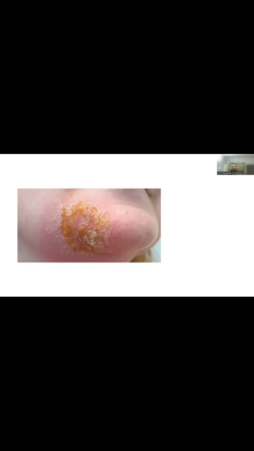Now here, what do you see? There is a child who comes to you with a complaint of fever and this type of rash, which might be predominant in the areas around the lips. And here what you see is a honey colored or amber colored crusting lesion.